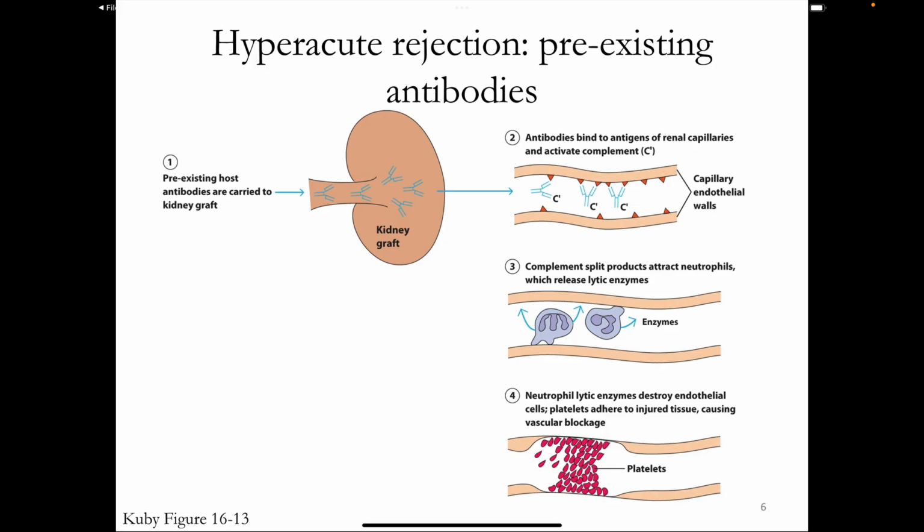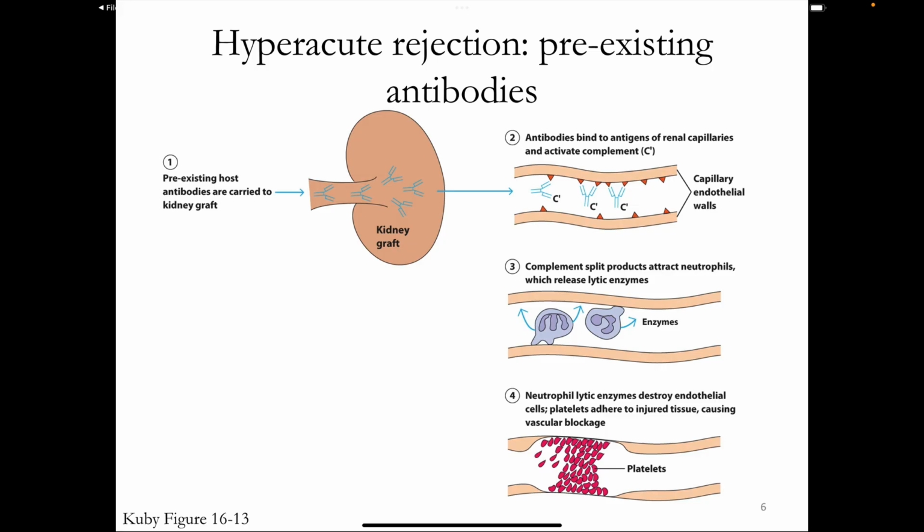So this would be a situation where, say, Julie was getting a kidney from Aurora and Julie somehow already today, before this transplant, has antibodies against Aurora's kidney, these pre-existing antibodies.